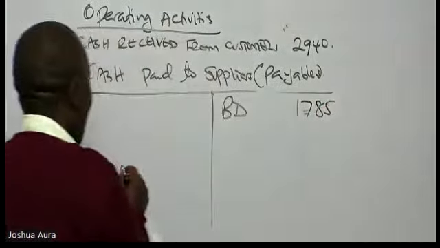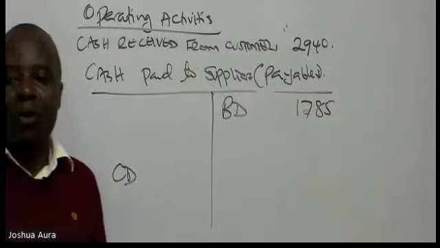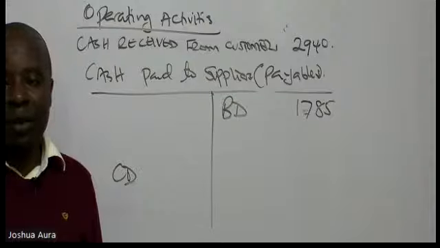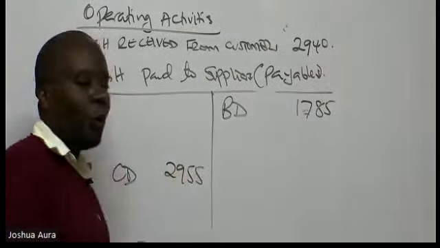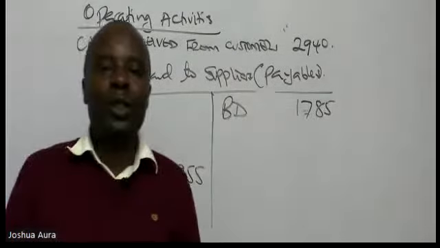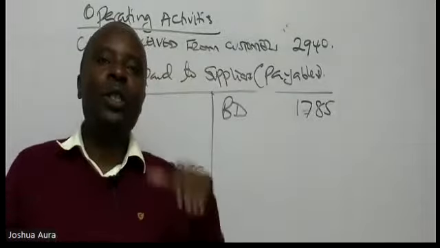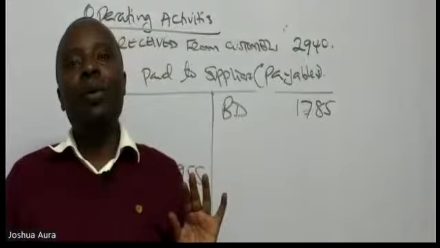And then, ladies and gentlemen, we have carried down. Are you able to see the carried down for 2017 now? Payables for 2017 carried down, 2955. I know that in between the year we disposed a subsidiary. So we expect the payables to go down because this subsidiary that we sold went away with some payables.